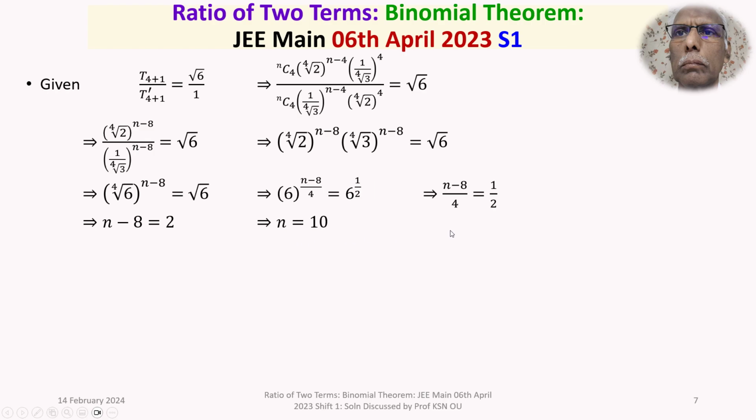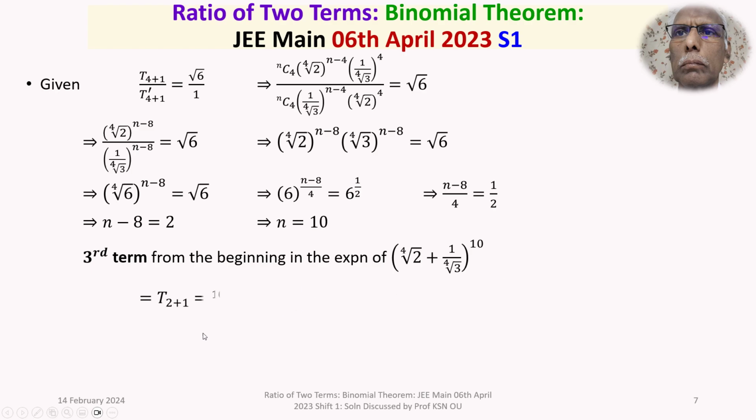So now we know the value of n, and we are required to find the third term from the beginning in this expansion, that is fourth root of 2 plus 1 by fourth root of 3 to the power of n, where n is 10. That is equal to T2 plus 1, which is 10C2 into fourth root of 2 to the power of 10 minus 2, into 1 by fourth root of 3 to the power of 2.